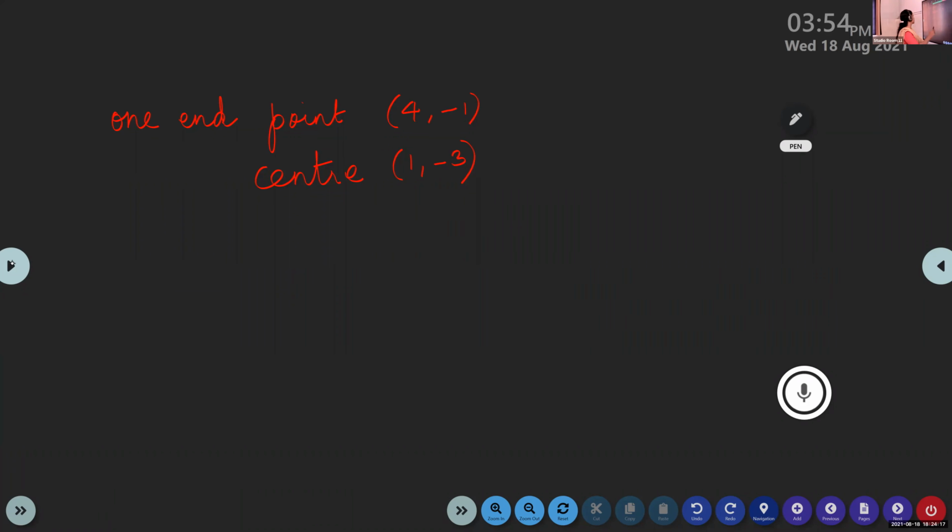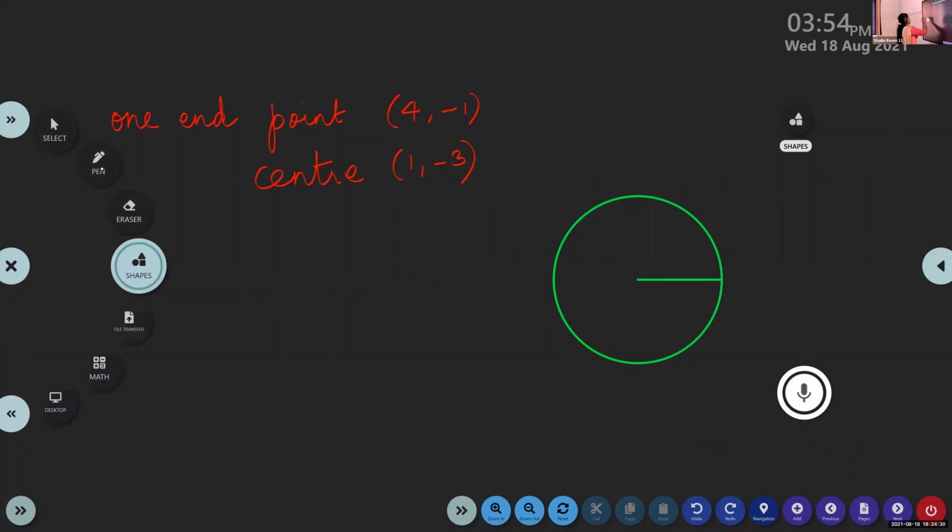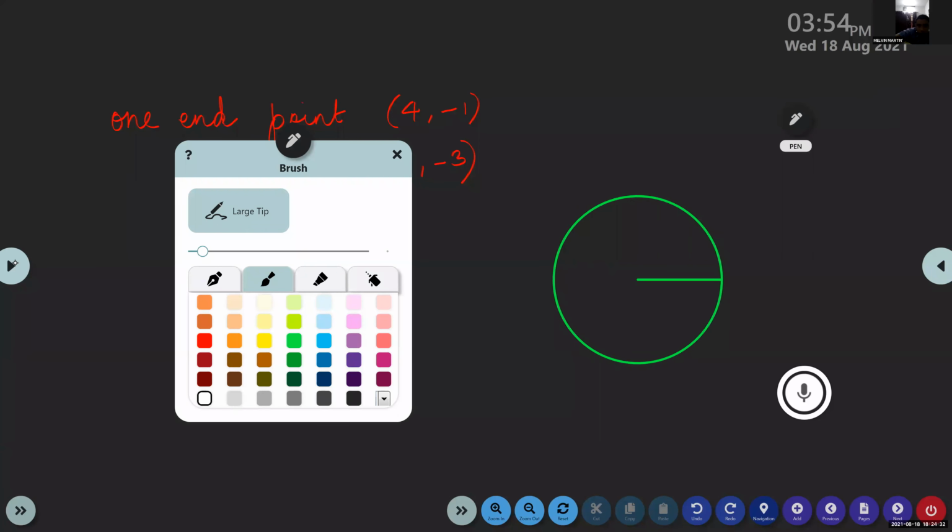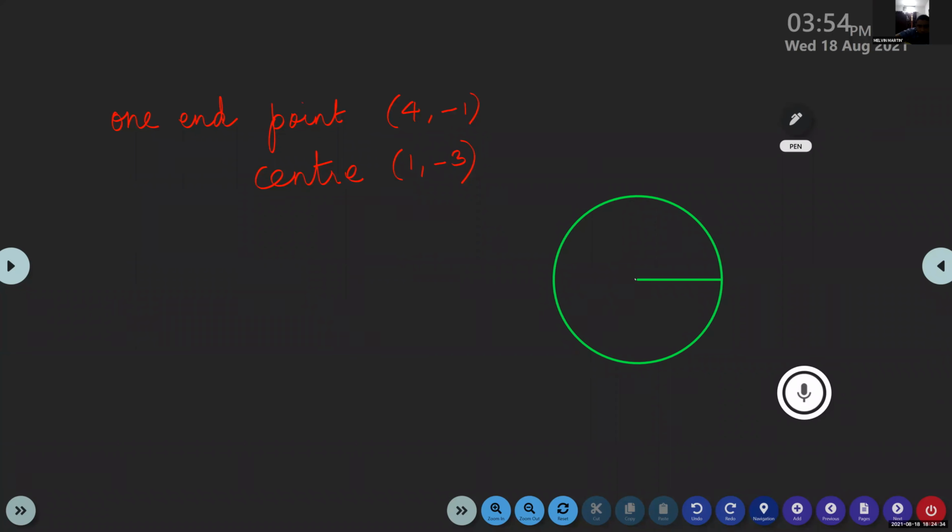How will you do this? It is given as a circle, isn't it? What do we know about a circle? A circle is in round shape. A diameter divides it into 2 equal parts.